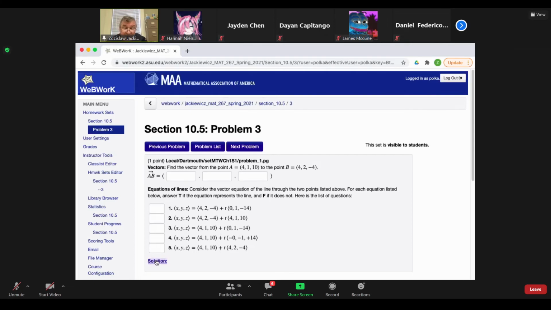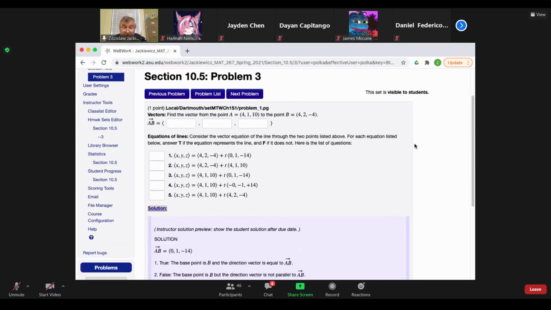So here, again, let's look at the solution. Certainly the point is 0, 1, minus 14. Here, this is the second point. This is the same vector. So of course, this line is parallel. So this is true.